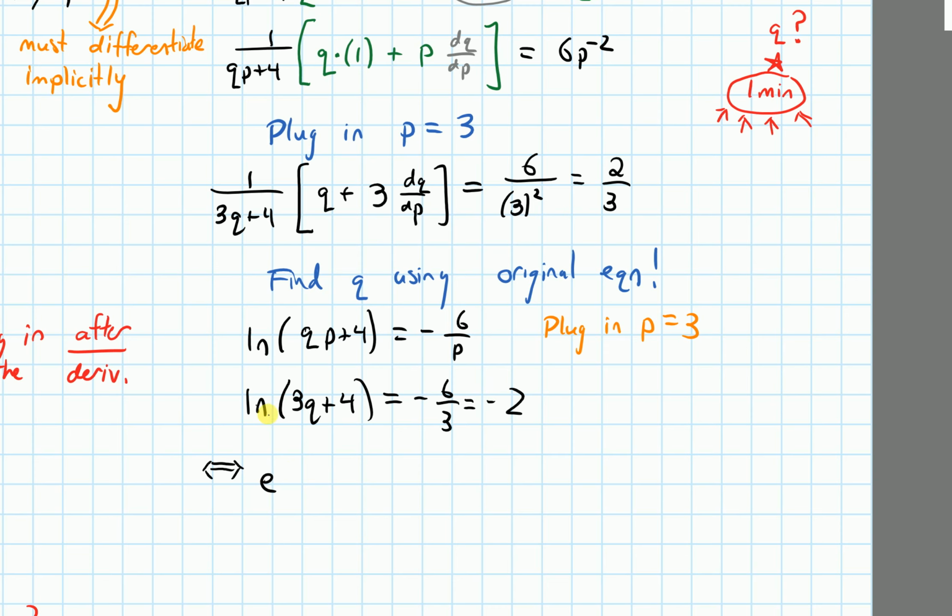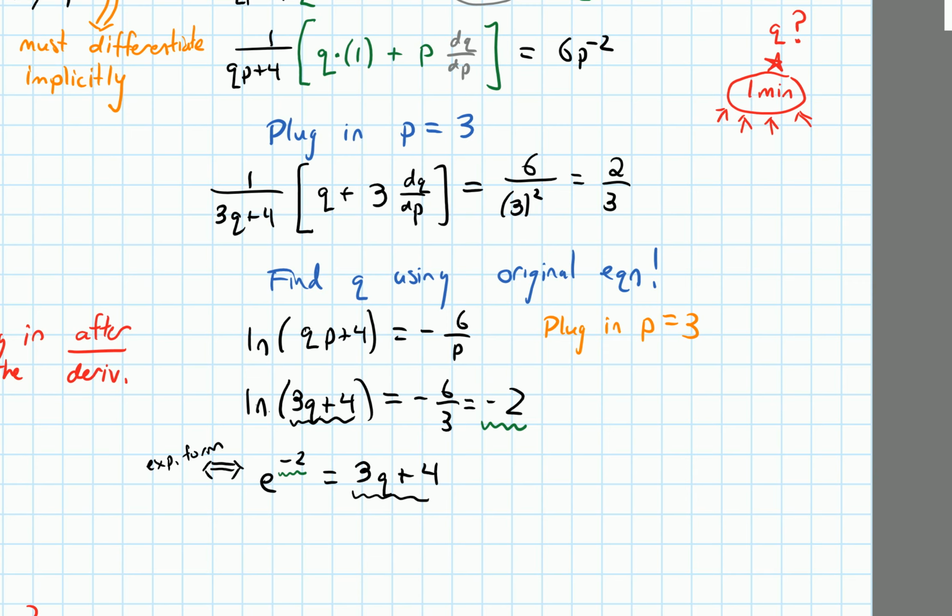So this becomes e to the negative 2 equals the stuff that's inside of the log, 3q plus 4. Remember, when you convert from log form to exponential form, the exponential is the inverse of the log function. So we're switching the roles of the input, which now becomes the output of the exponential, and the output of the log, negative 2, becomes the input of the exponential.